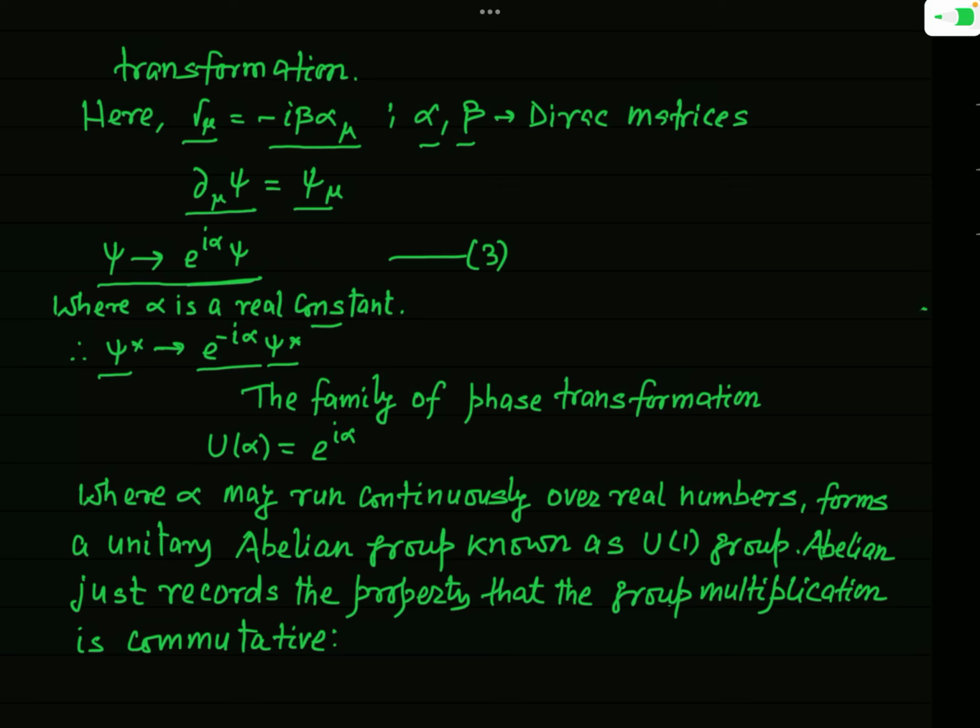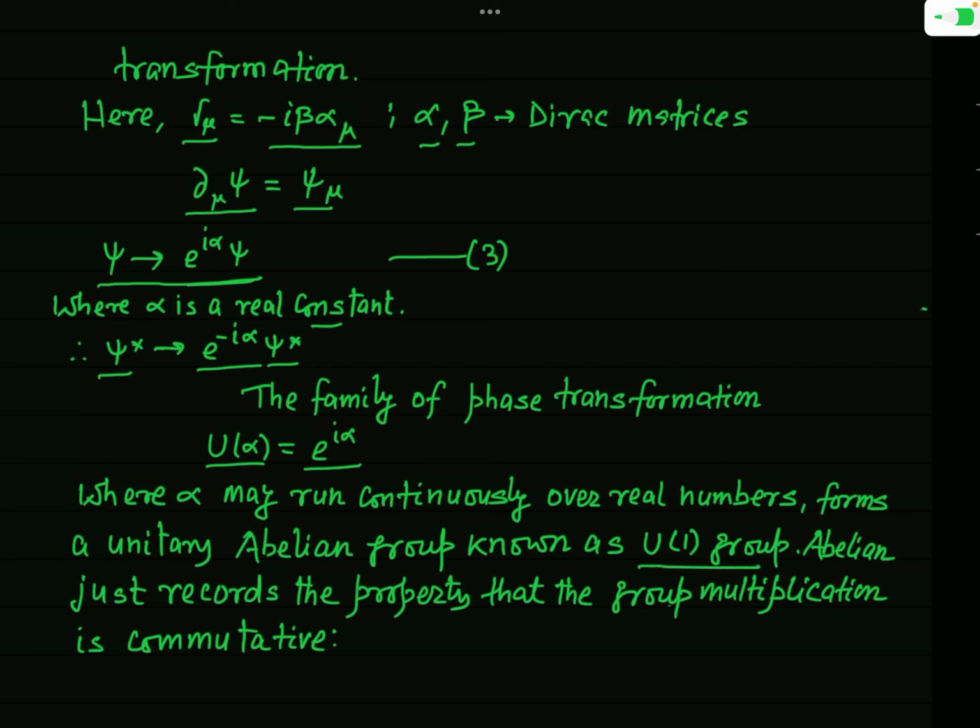Now, the family of phase transformations is denoted by this symbol U of alpha, which is e to the power i alpha. This is the phase transformation operator, and this U alpha is a unitary abelian group. Okay, and this is known as the U1 group.